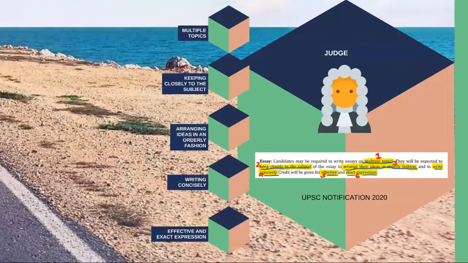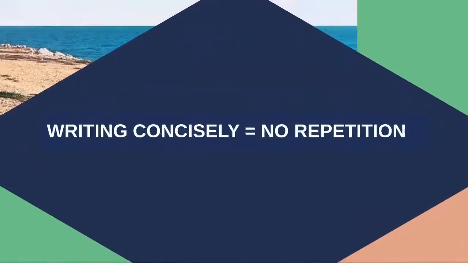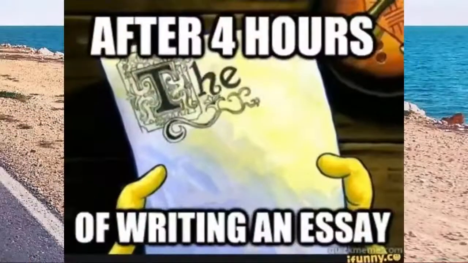Now, the fourth thing which is mentioned in the UPSC notification is that you should not use unnecessary words and sentences. Writing concisely means that you should avoid repetition. It also means that you should not try to spread out your essay by repeating the same points or by extending a single point by using more words to fill the space and to meet a respectable word limit. So, how many words do you need for one essay to achieve conciseness?